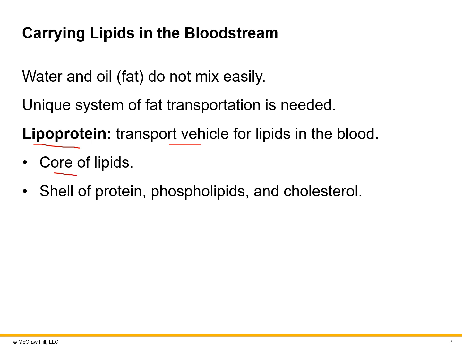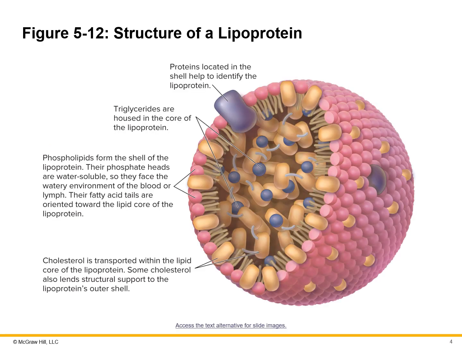Essentially the very inside of them is lipid, and then the outer shell is protein, has some phospholipids and cholesterol that water can interact with. So essentially just packing and hiding those lipids in the inside of proteins. What they look like here, again, all of the lipids packed in the middle because they don't like water, so essentially just going to hide them.